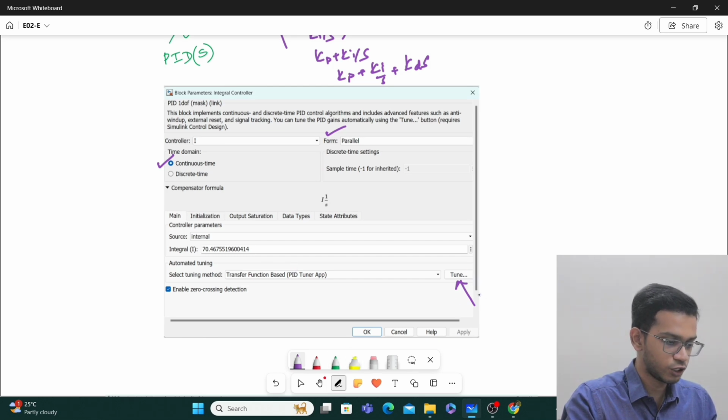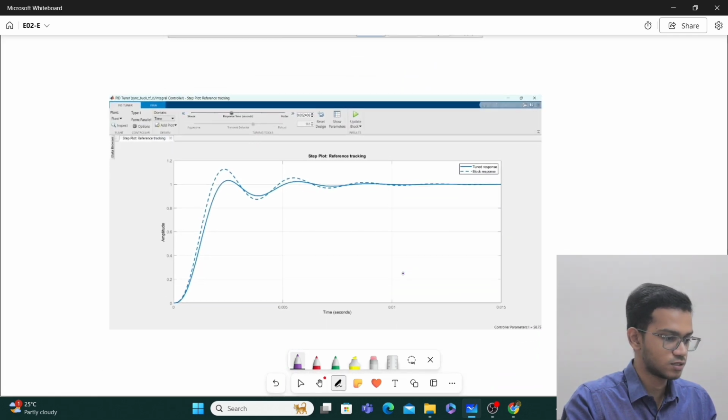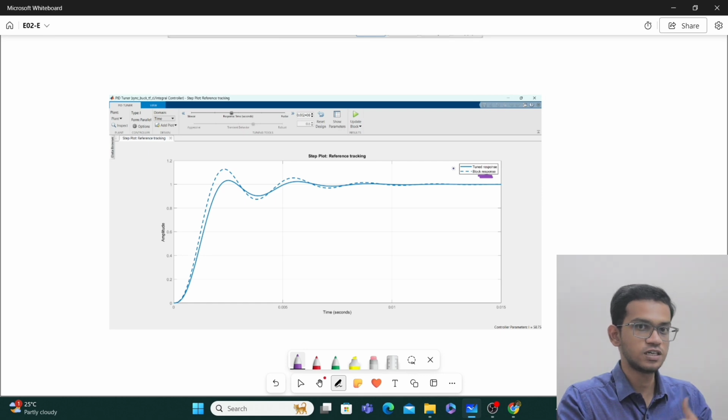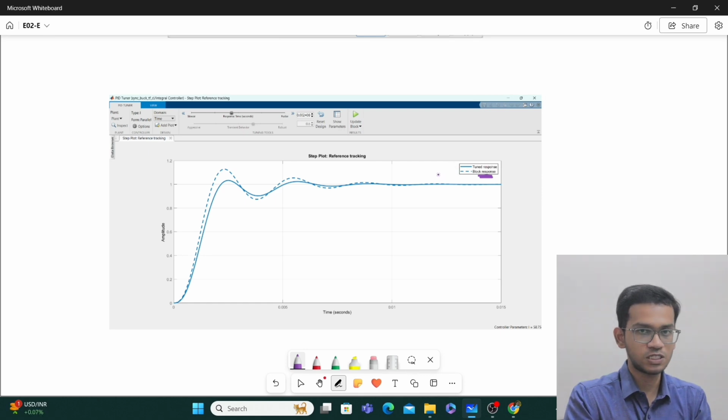The moment you click the tune button, you will have something like this. The dotted line here is the block response, which is already present, and the bold line here is a tuned response, which is a desired one which you want. Assume that you have a time domain specification, control system specification saying my settling time should be less than this much of millisecond.